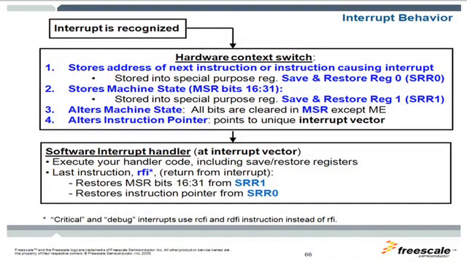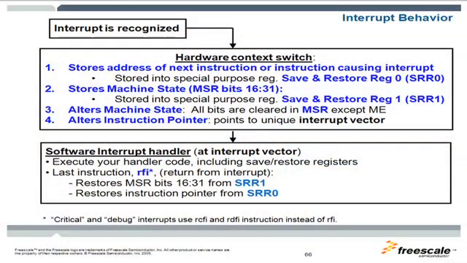That's stored into a special purpose register called Save and Restore Register 0, SRR0. Then it also stores the machine state, from the machine state register, very original. That's stored in a different save and restore register, number 1, SRR1. So it's saved where, an address, and it's saved the state.